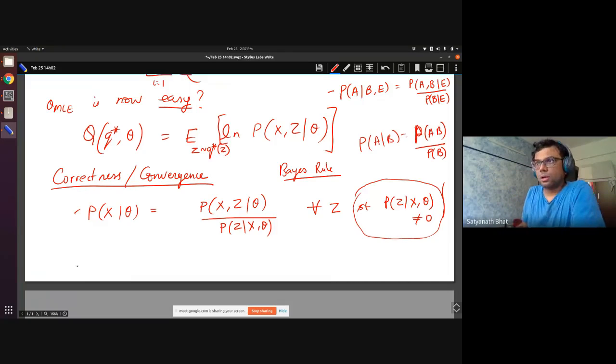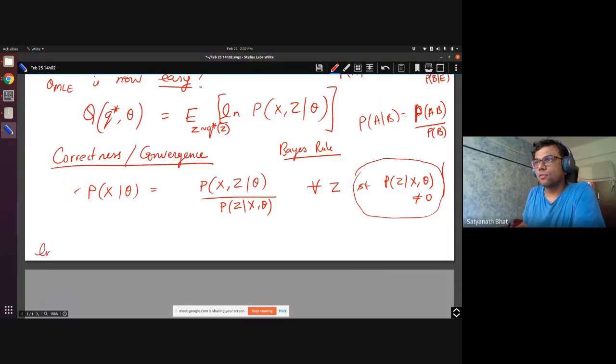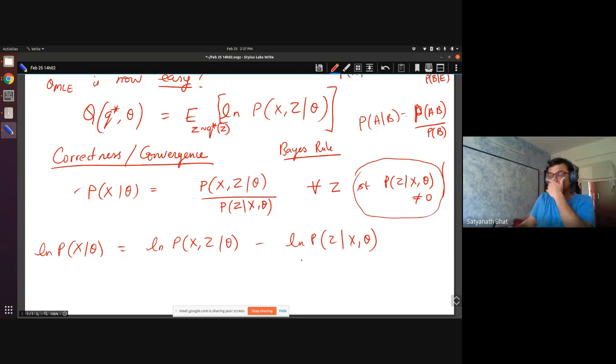Now if I take log, this is log of P of x given theta is log of P of x, z given theta minus log of P of z given x, theta. So this is also true. This is just taking log on both sides. Now, this is for all z. For every z this is true.